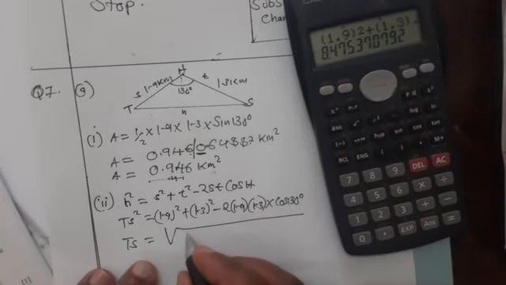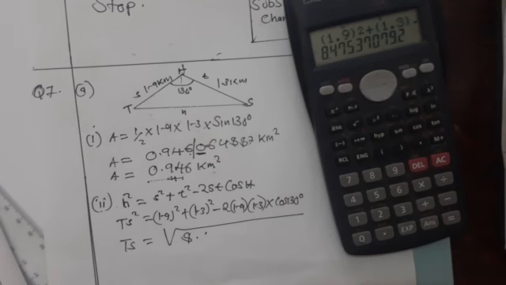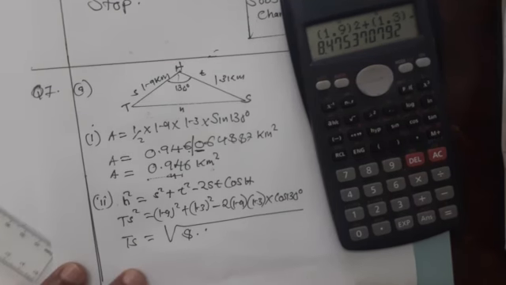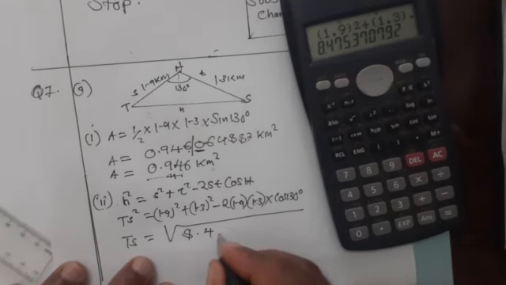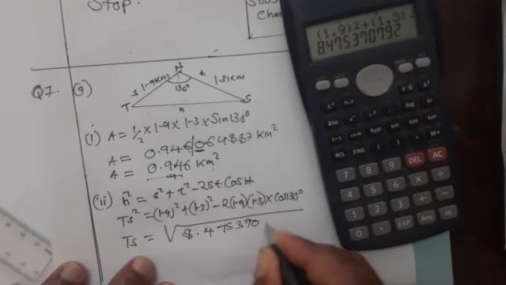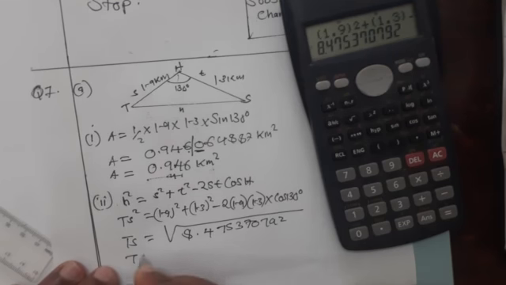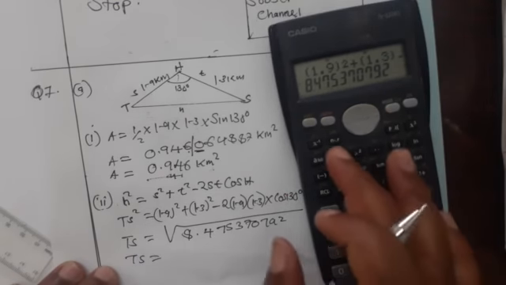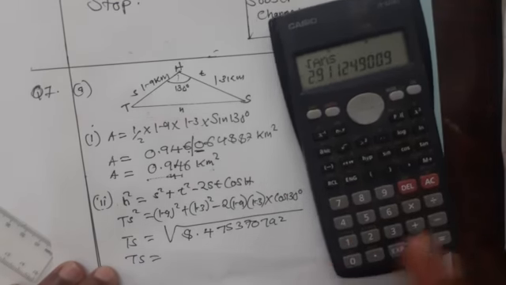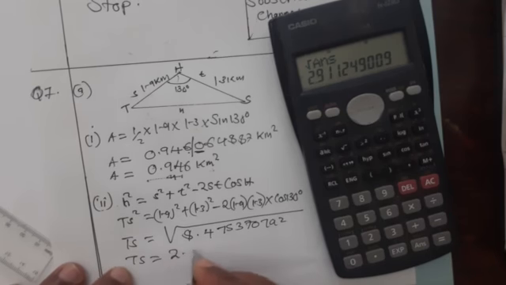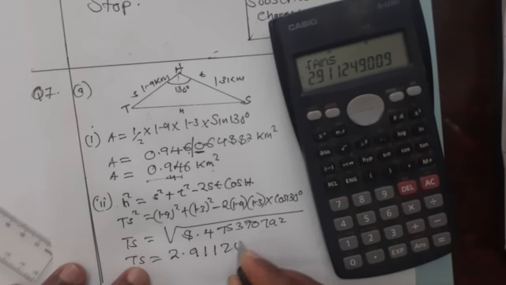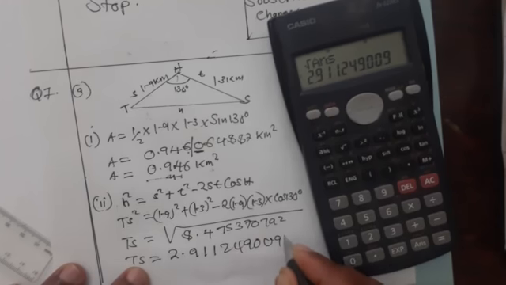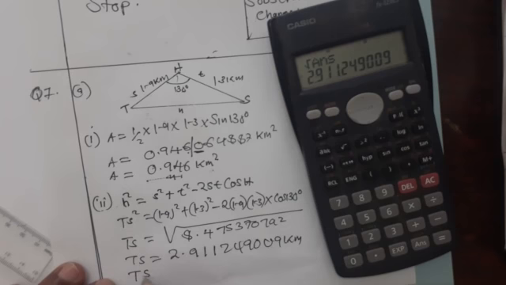This is your answer here, 8.4753707 92. So TS is equal to, you just come and punch the square root. What do you get? You get 2.91249009 kilometers.